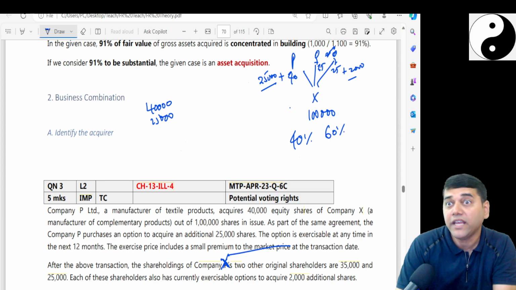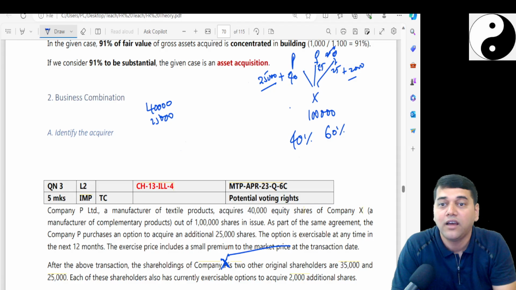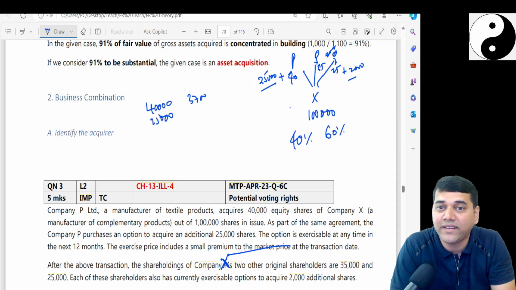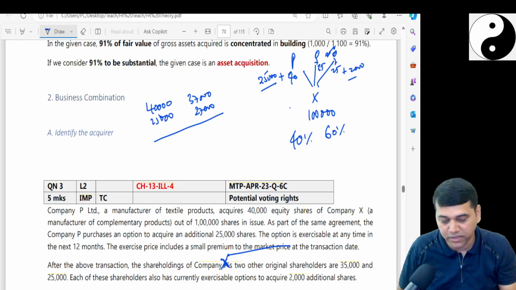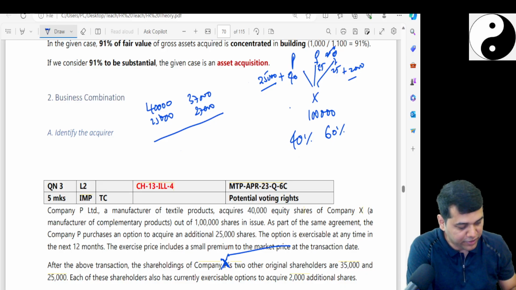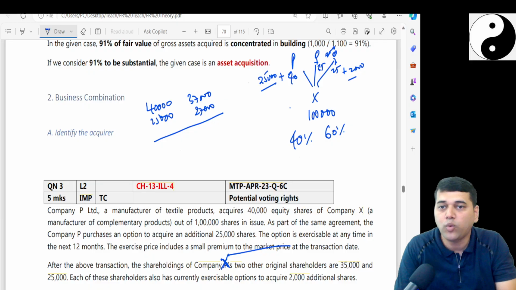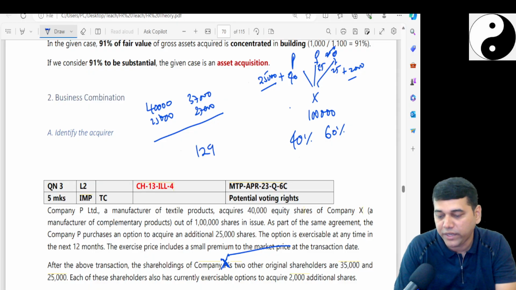And the day I exercise, they will also exercise. How much is theirs? 37, 27. Now what is the total number of shares? 40 plus 25 plus 37 plus 27. It comes to 129. Out of 129, what is your stake? 65.